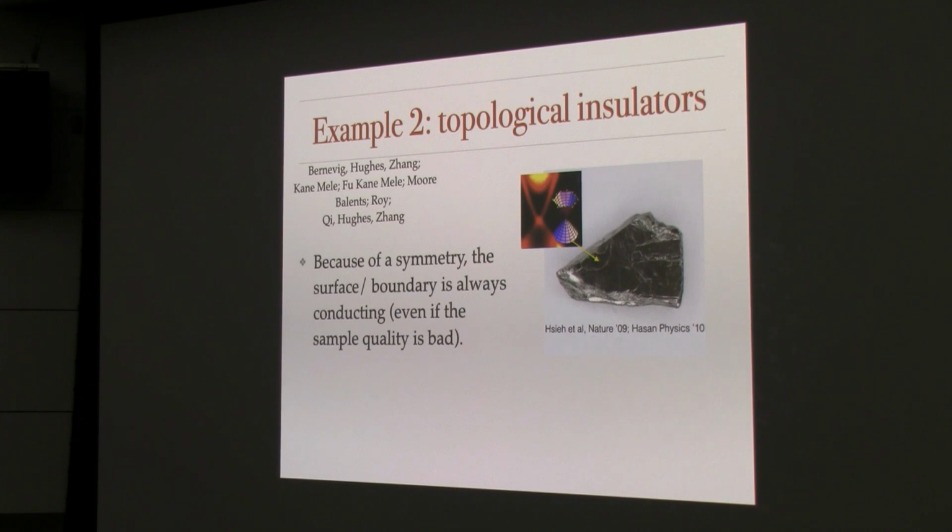But there are some qualitatively different ways in which symmetry can tell us that different systems are different. You can have the same symmetry, but that symmetry can give you something unusual, typically at the boundary of the system.